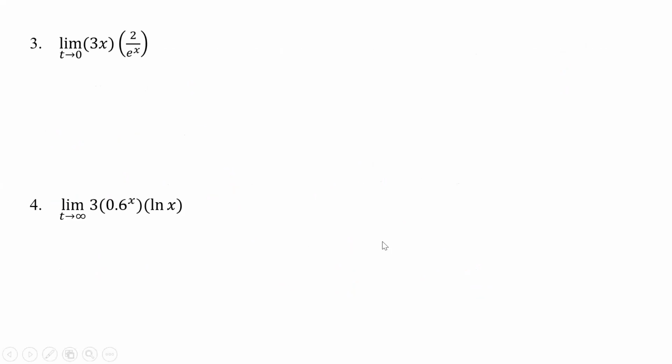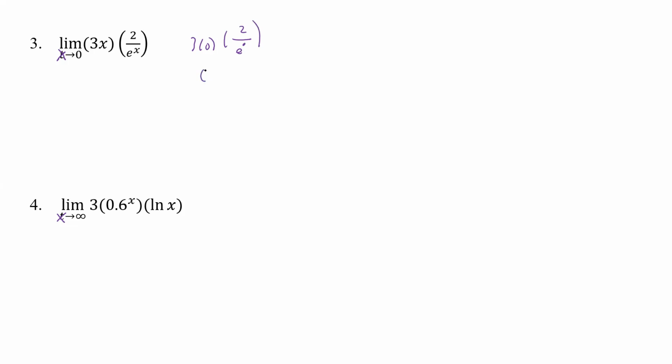All right, what about limit of t? This is supposed to be x again. Then we have x here. Yep. All right. So limit of 3x times 2 over e to the x. Well, let's plug in our 0. So that's going to be 3 times 0, and then 2 over e to the 0.